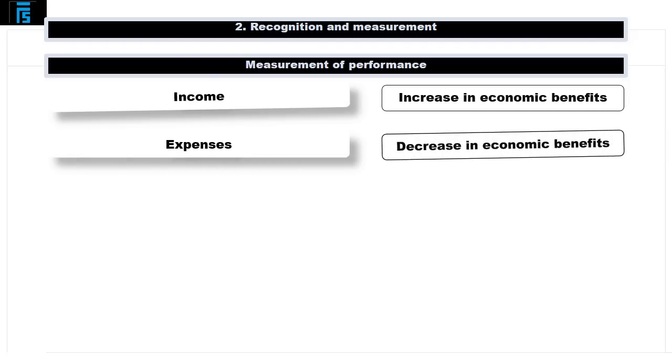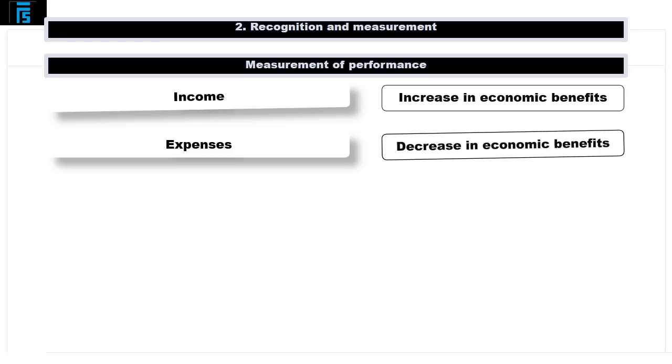On the other hand, expenses are identified as decreases in economic benefits during the accounting period in the form of outflows or reductions in assets or increases in liabilities that result in decreases in equity other than those relating to distributions to equity participants. As you will have probably spotted, the two definitions are mirror images of one another.